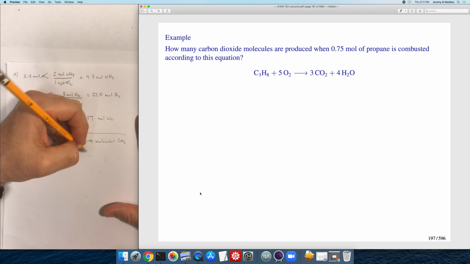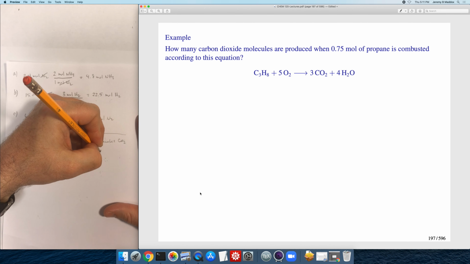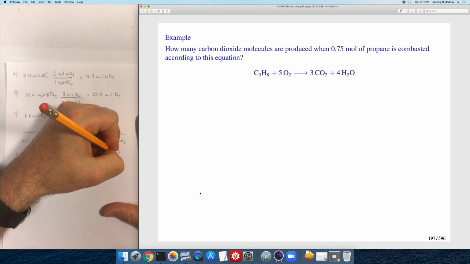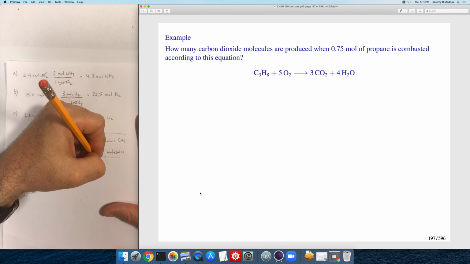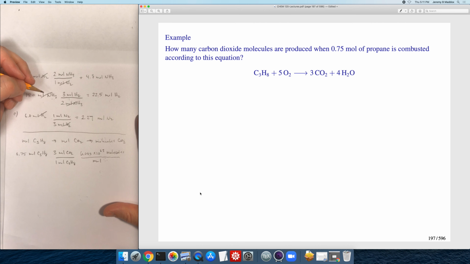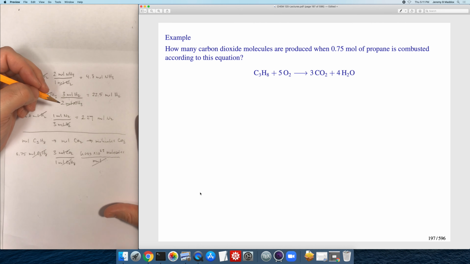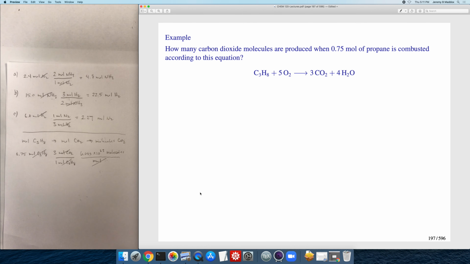Avogadro's number for this problem, 6.022 times 10 to the 23 molecules per mole of CO2. Okay, so the moles of propane are going to cancel, the moles of CO2 are going to cancel, and we're going to be left with molecules.